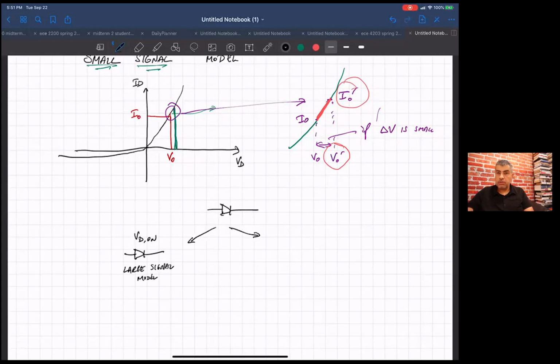So it's a combination of this large signal model with a VD on, and I go about calculating V0, I0, and those kinds of things. And also a small signal model, which would be just like a resistor with a series resistance R sub D, and we'll figure out how to do that. So it's basically a superimposition of these two, and this ends up being extremely useful when your circuits get complicated.